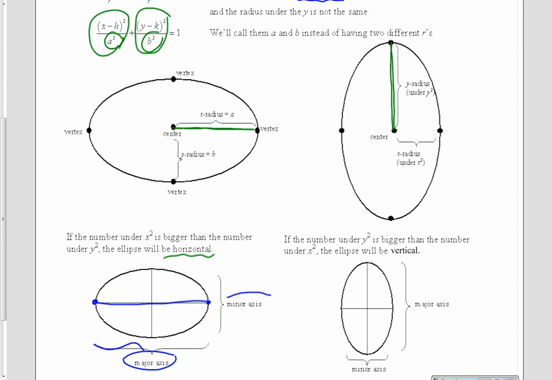Whereas the short direction's diameter, or double the short radius, we call the minor axis. So if it's a left-right ellipse, the minor axis will go up and down. And if it's an up-down ellipse, the minor axis is going to go horizontally, and then your major axis would be double the y radius, and that's going to be vertical.